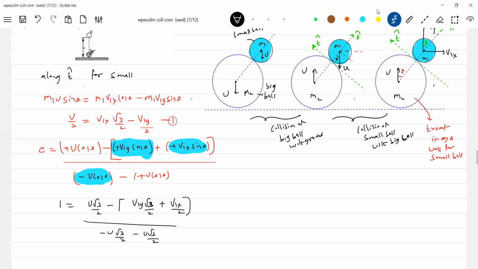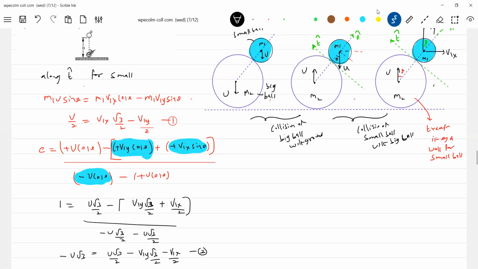I think 2 equations, 2 unknowns. Solving this will get the required answer. One more step, I'll write it. This will be minus u root 3 by 2, v1y root 3 by 2 minus v1x by 2. Solving equations 1 and 2, we'll get v1x and v1y.